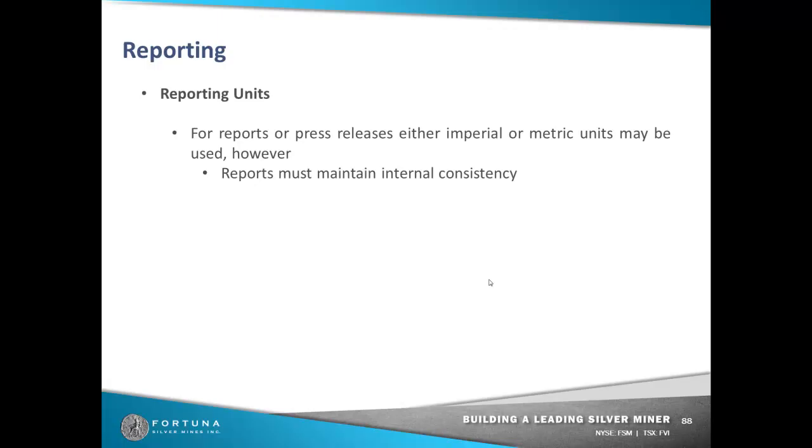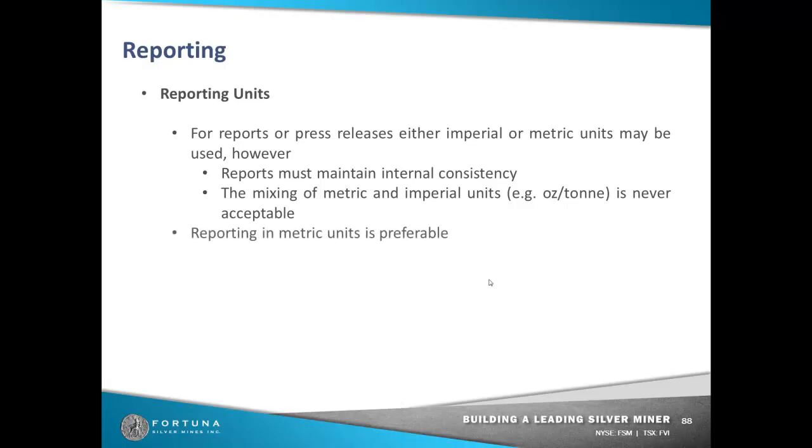So if you're using an imperial system to report your units, then you must always use that imperial system, or vice versa. The mixing of metric and imperial units, for example, troy ounces per metric ton, is never acceptable. And finally, it states that reporting in metric units is preferable. This is because the Canadian system uses metric units.